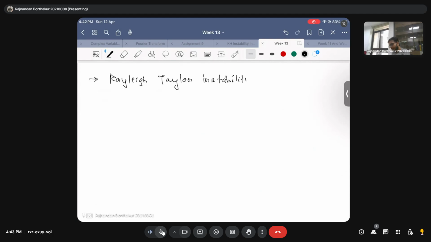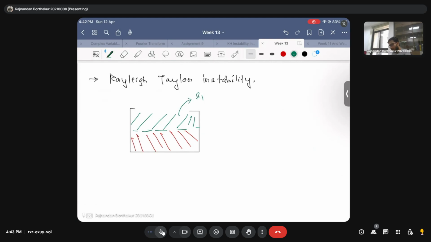So this instability occurs when, let's say, we have a beaker, and basically we have two fluids of densities rho 1 and rho 2.